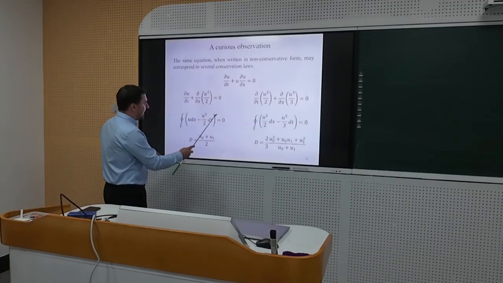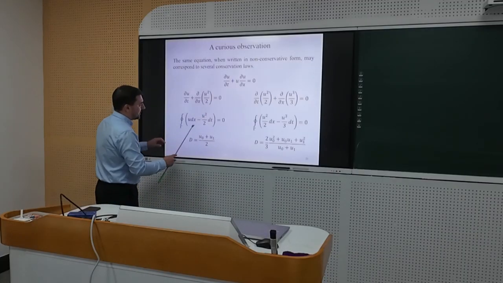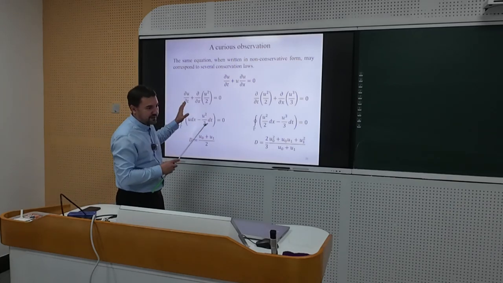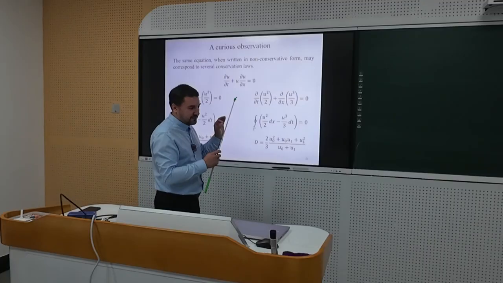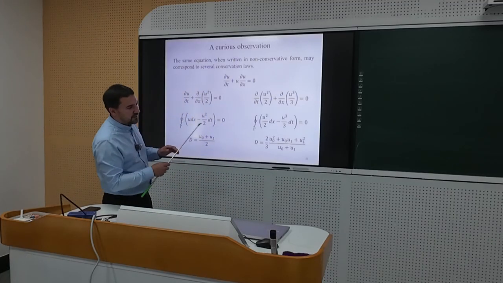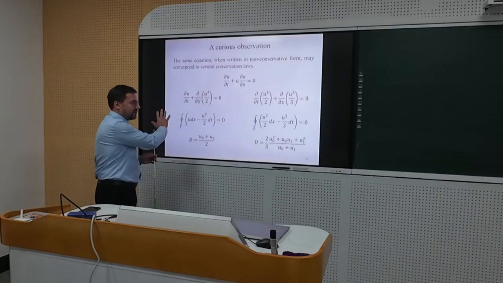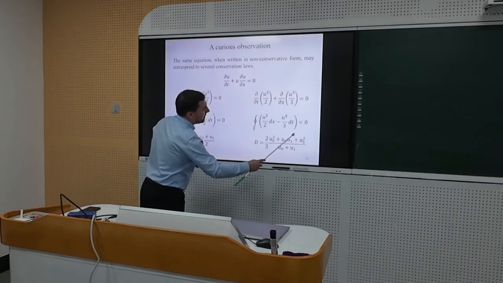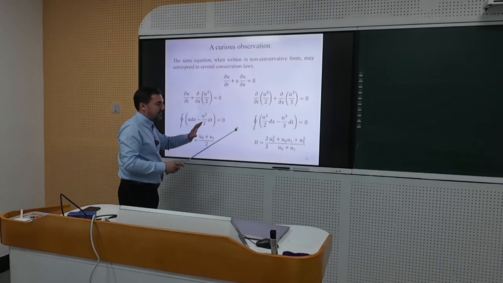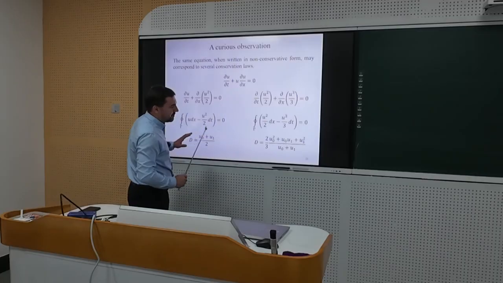So the problem is that this integral law is correct. It follows from nature, or physics. There is some agreement that indeed we should solve these equations, and many phenomena in reality correspond to this equation. And this is a wrong conservation law. You can write it, but reality does not correspond to this model.